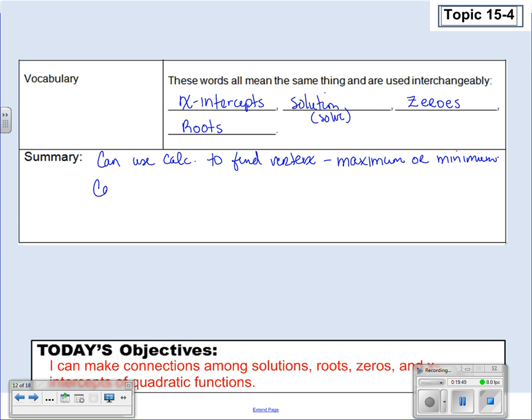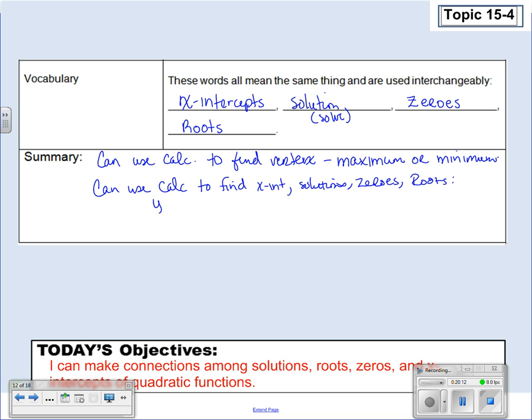And then we can also use calculator to find the x-intercepts or the solutions or the zeros or the roots, because they are all the same thing.